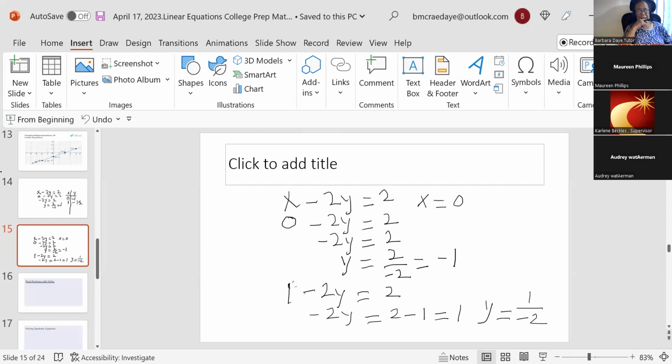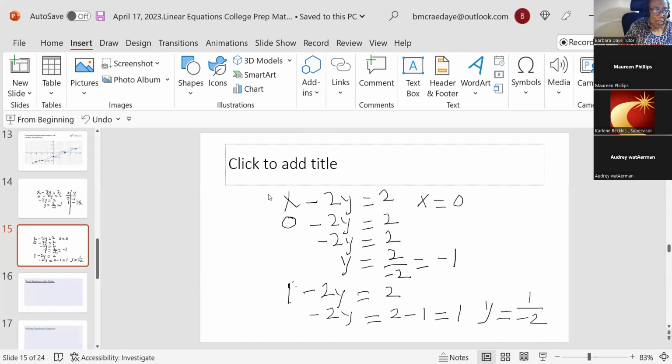Audrey, is that clear? I don't think so. What you're doing, Audrey, you substitute one of your variables. You're substituting one of your variables and finding the value of the other variable. So we said X is 0. So put the 0 there. Yeah, we said let X be 0. Okay. What is Y?